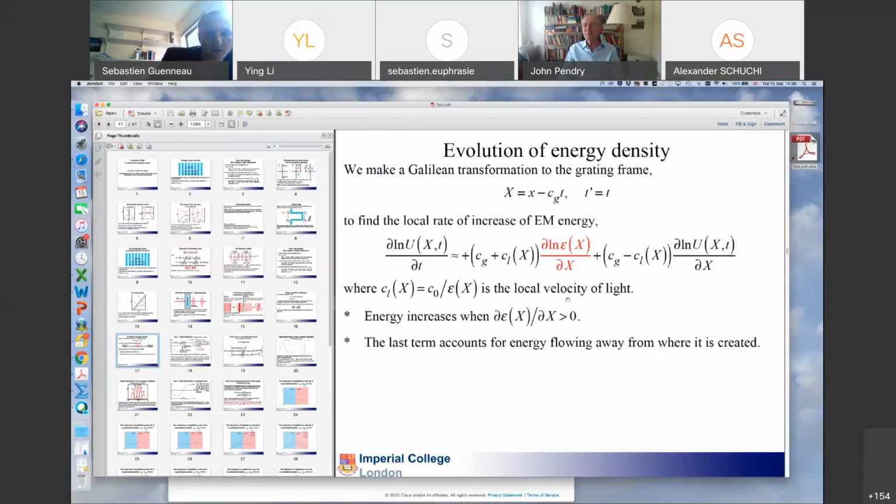Okay, so I've got another question. How can we make the difference between the temporal modulation, which is used for amplification, and the temporal modulation, which is used to break reciprocity? So amplification versus reciprocity. Yes. Well, it depends how fast the modulation is traveling.